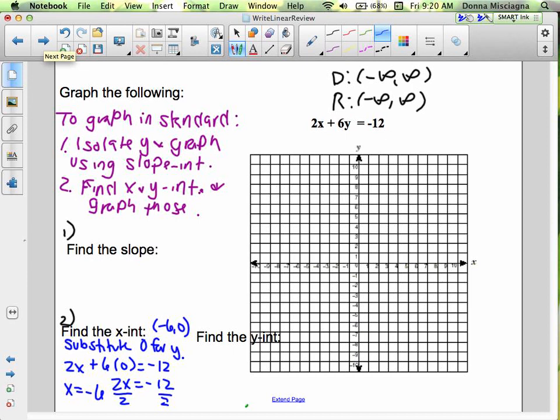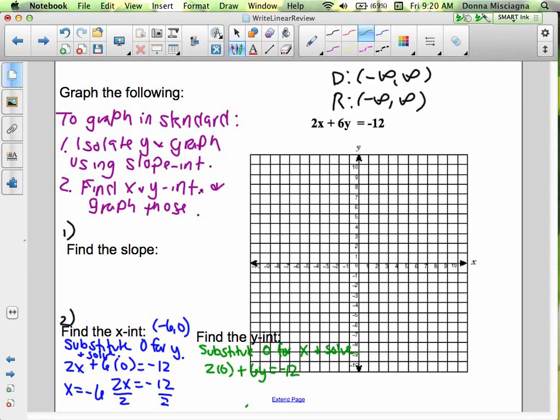Now let's find the y-intercept the exact same way. We're going to substitute 0 for x. And I guess I should have written "and solve" on the other one. It was in my head, but I did not write it. So I'll just put it real small here. All right, so we have 2 times 0 plus 6y equals negative 12.